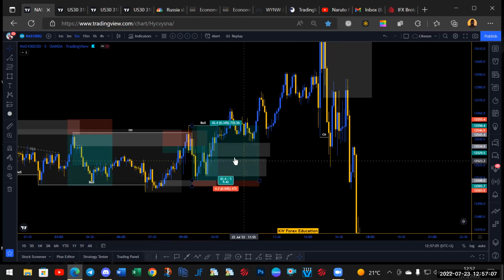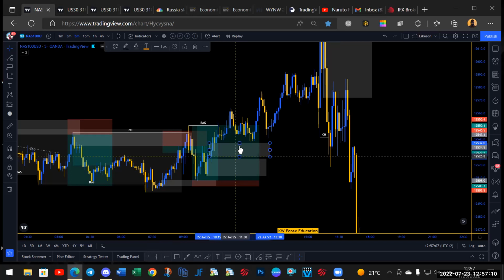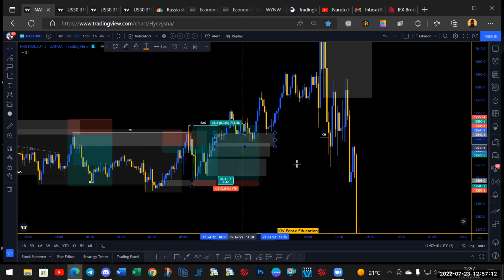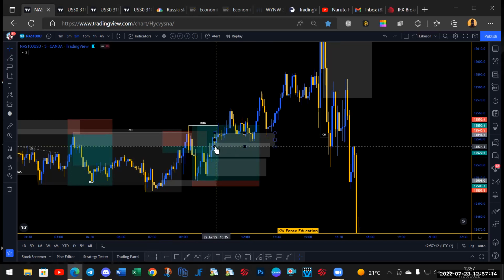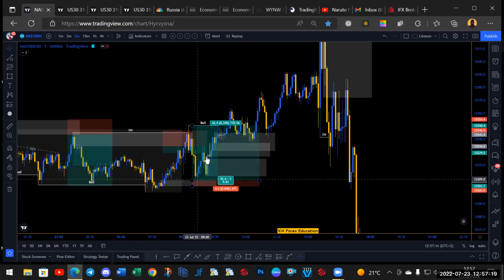Because now in this one we had a lot of areas where you could have traded from. It was noise to trade from. You didn't know which one is going to trade.